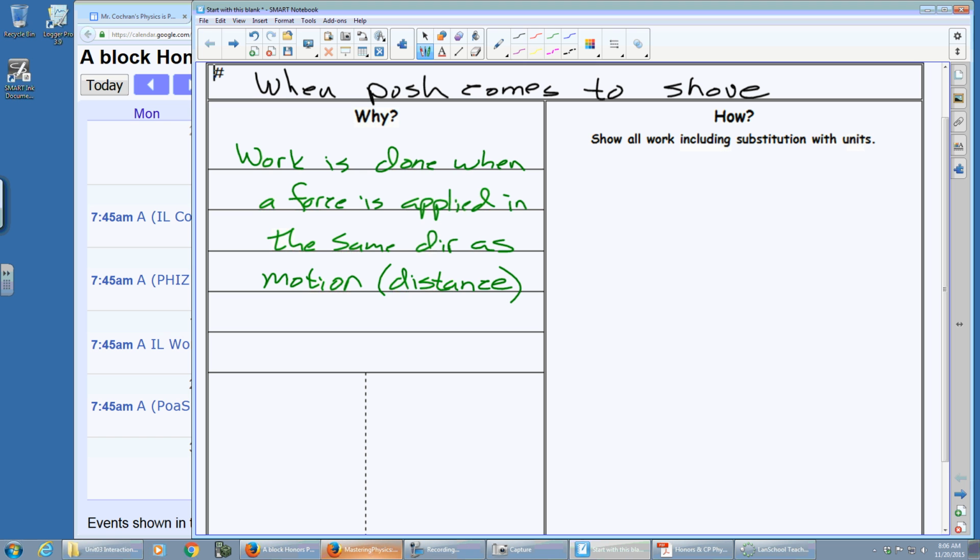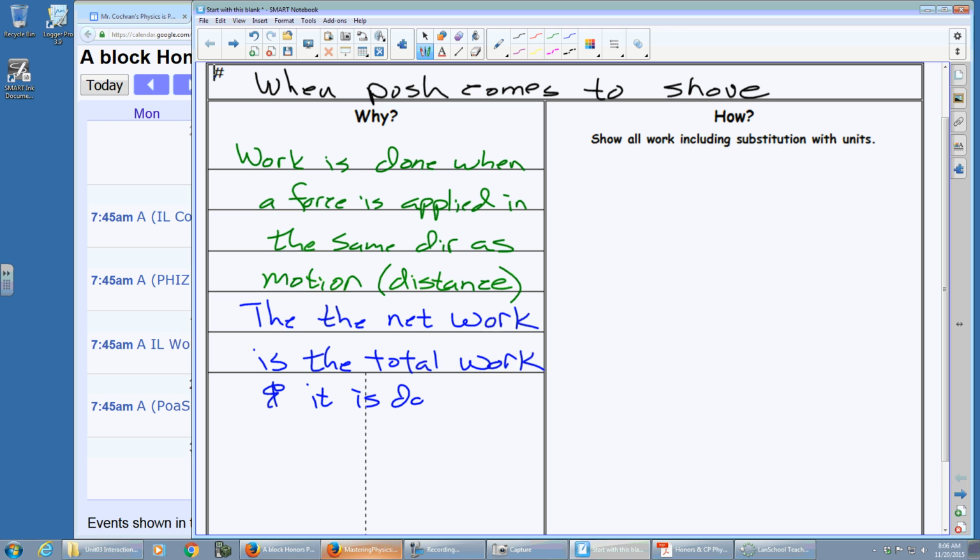So I might say, let's see, something along the lines of: the net work is the total work, and it is done by the net force.